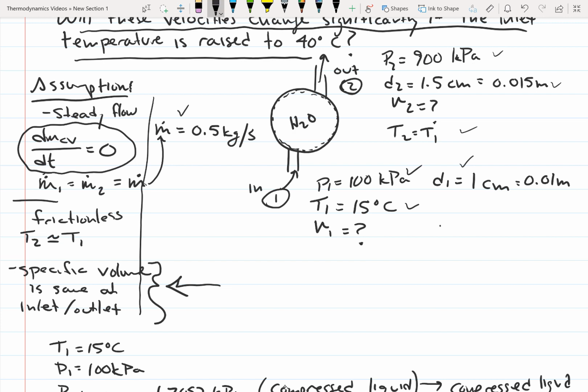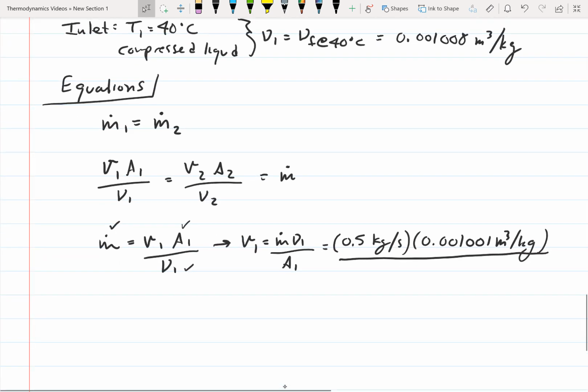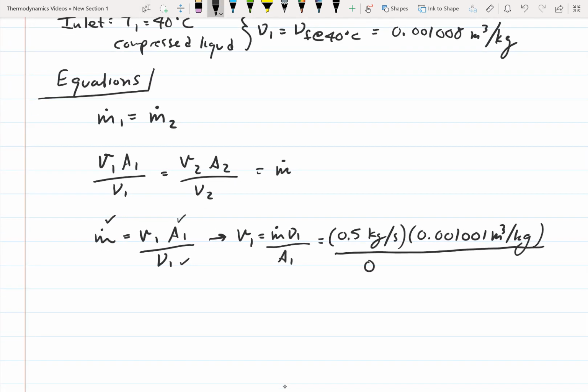The area A1 is equal to 0.00079 meters squared, and A2 is equal to 0.000177 meters squared. So we can put that into our equation. A1 is 0.00079 meters squared, actually this is 4 zeros. It would probably be better to write this in scientific notation.